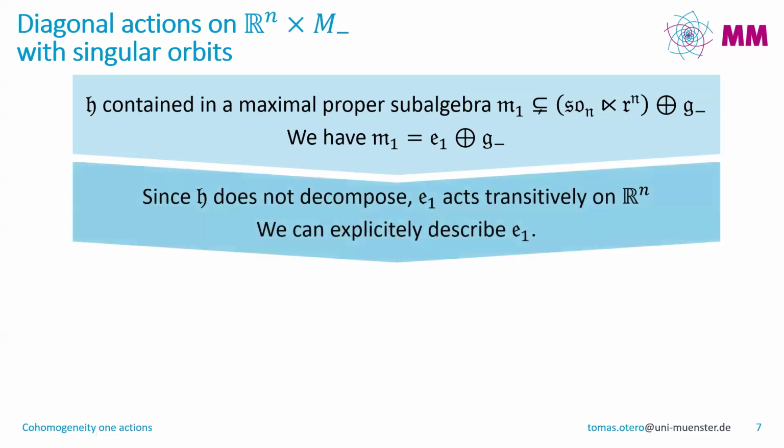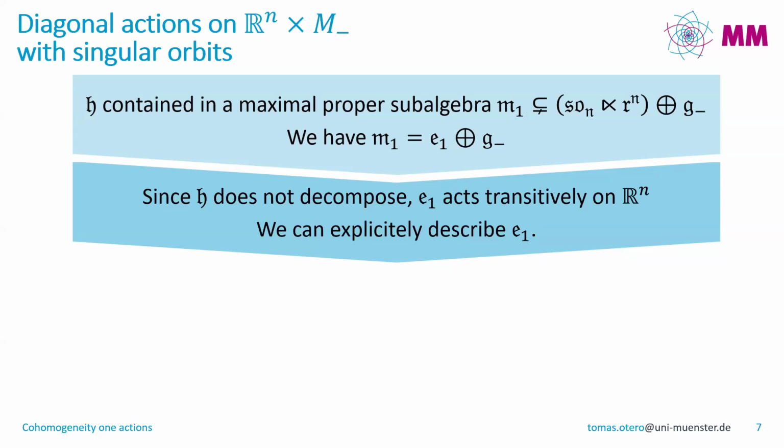But now, if we assume that our action does not decompose, the corresponding subgroup of isometries of Rn has to act transitively, because the projection action is transitive. And using some classical results, I guess of Alexeyevsky, it is possible to explicitly describe how this subalgebra E1 looks.